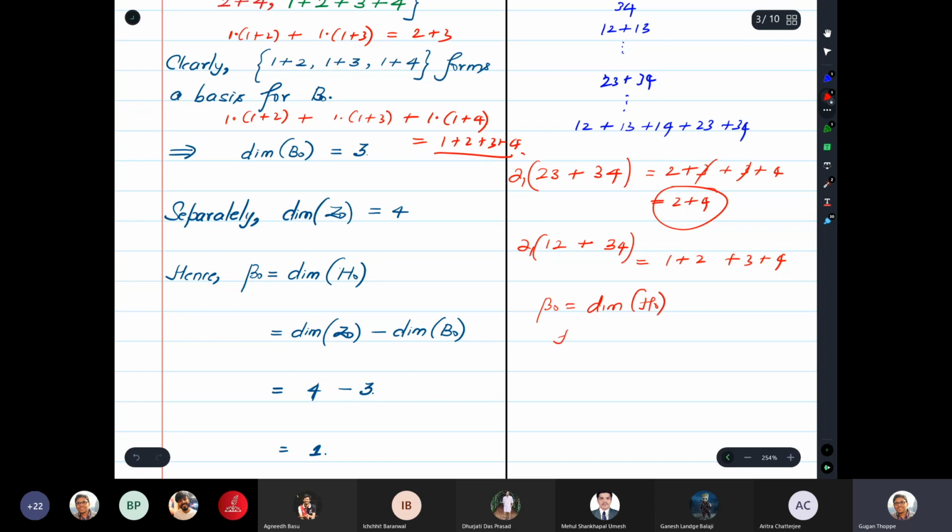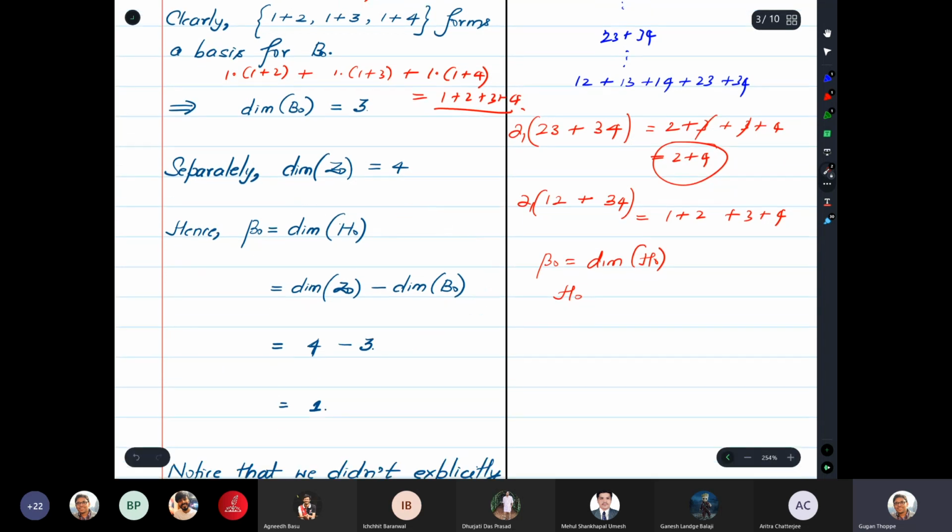So far, what we were doing was explicitly trying to see what this H0 is, and trying to use this H0 to figure out what its dimension is, and then accordingly figure out what beta 0 is. In this calculation, I'm showing you a simpler way.